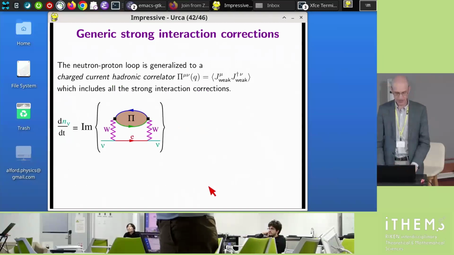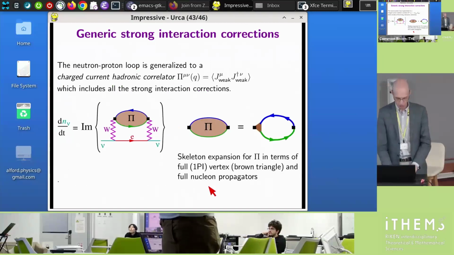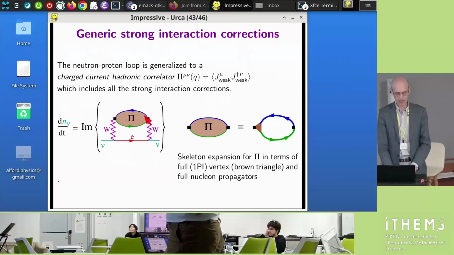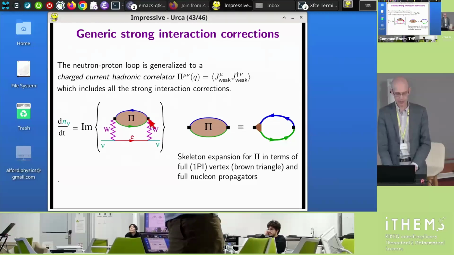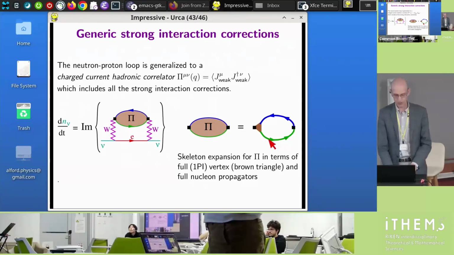So really, what you should think of is this rate we're talking about is the imaginary part of this diagram. We've got a neutron-proton loop here that's really a WW in-medium correlator, right? It's really the current that couples to the W, that current correlator. This whole thing here has all the strong interaction corrections in it. So what we did was single out one of those, which is the imaginary width of these individual propagators.